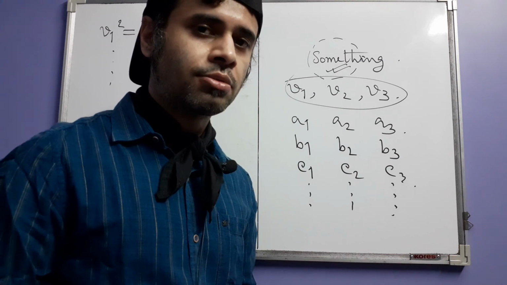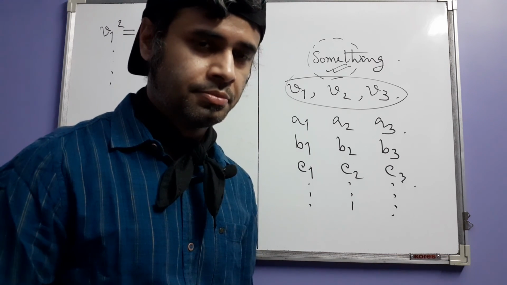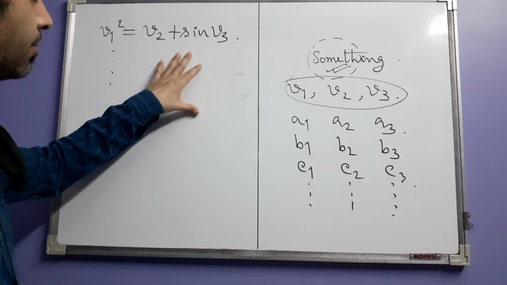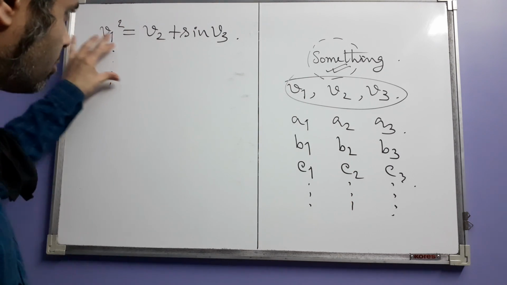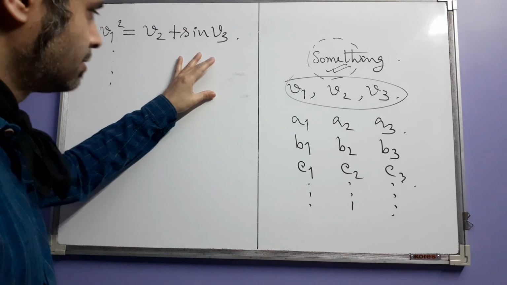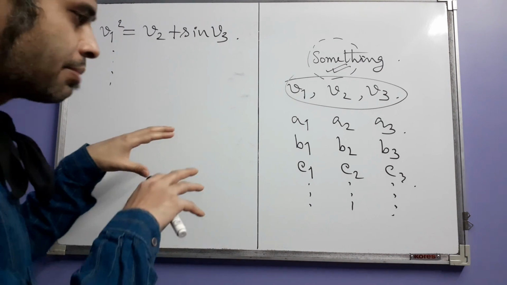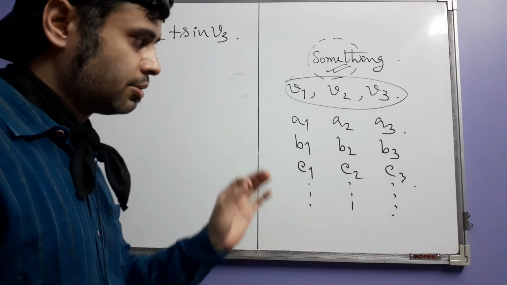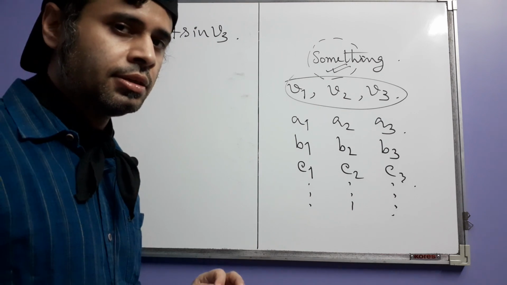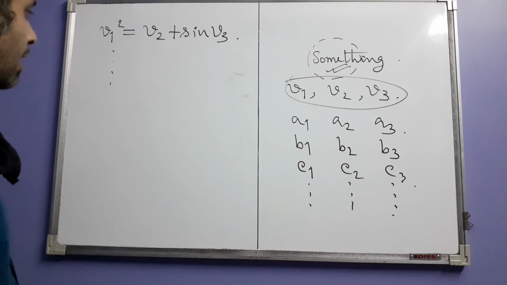You then put forward a theory which helps you explain this data. These relations or equations, inequalities, whatever you may come up with, are parts of the theory. Now, the important question is, is this theory correct?